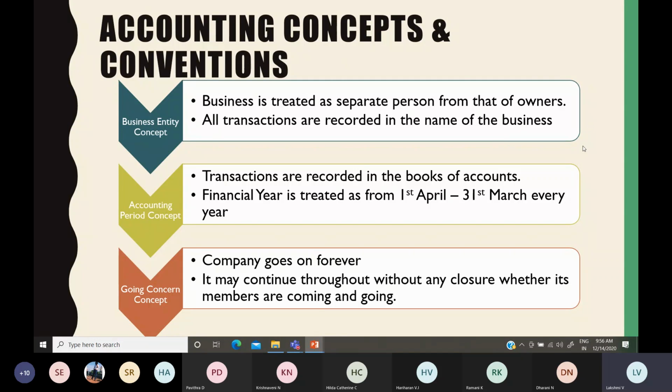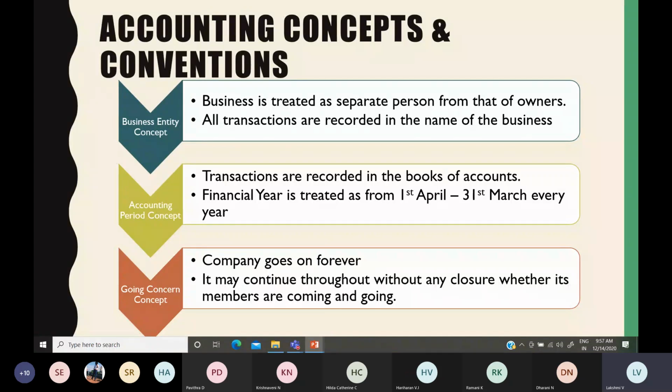So that is what is given here as the point: a business is treated as a separate person from that of the owners. There is no connection or relationship between the owner and the business. If I contribute capital, and from that I take anything even for my personal use, that will be treated as drawings only.